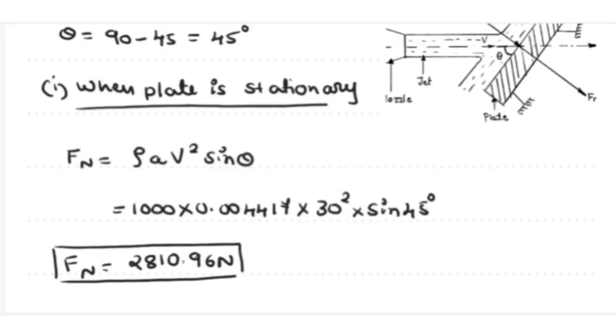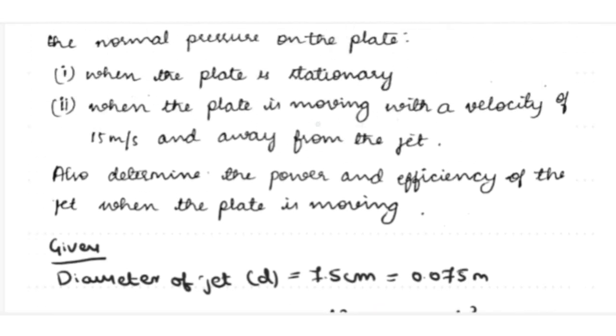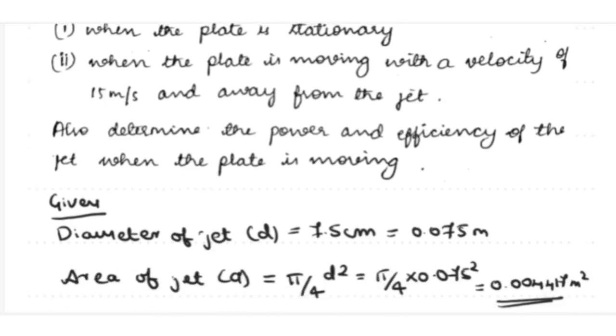So next is when the plate is moving with a velocity of 15 meter per second. U is equal to 15 meter per second.